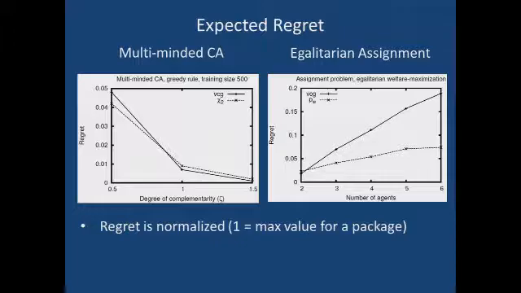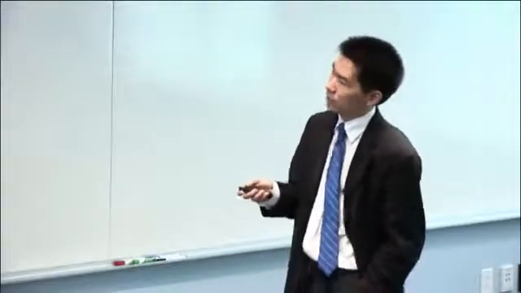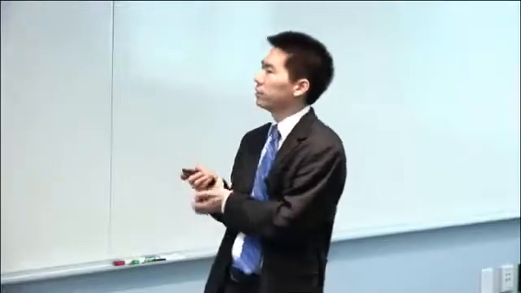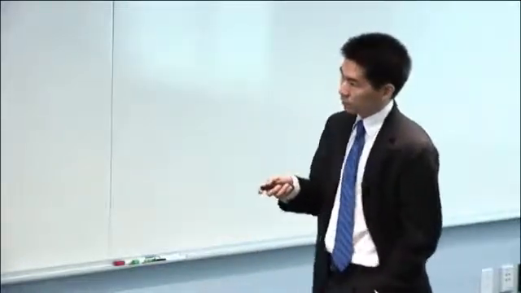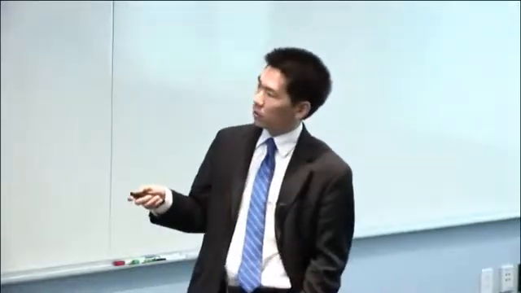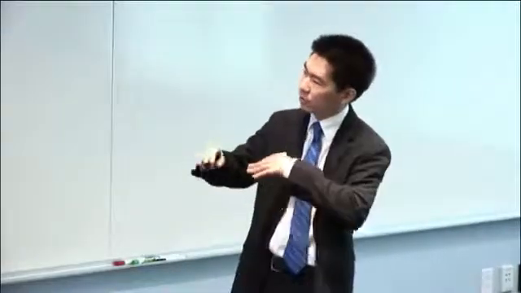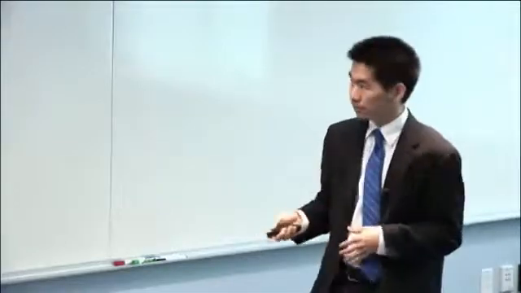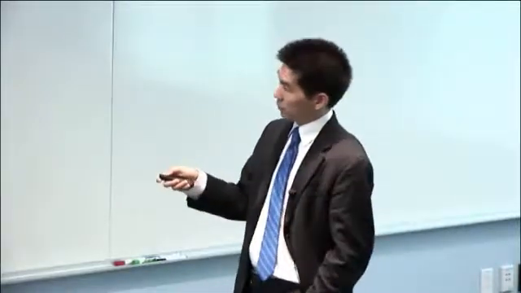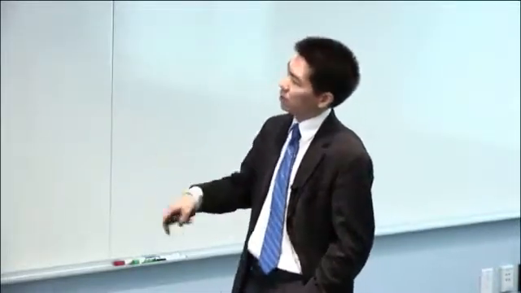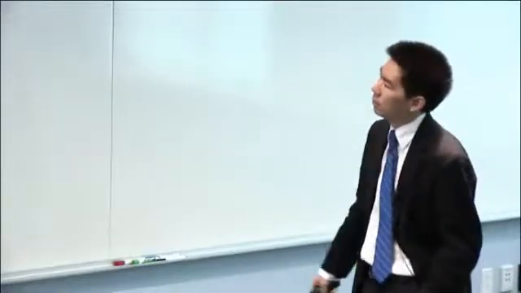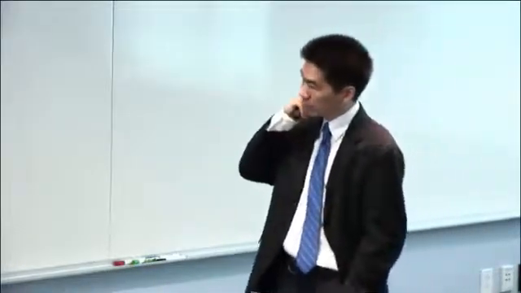Here we're looking at the regret of the payment rule that we've learned versus the regret of this VCG-based rule for the two different settings. What we see is that in the multi-minded combinatorial auction setting, we're learning a payment rule that has regret similar to this VCG-based rule. And in the egalitarian assignment setting, we're learning something that has significantly better regret.